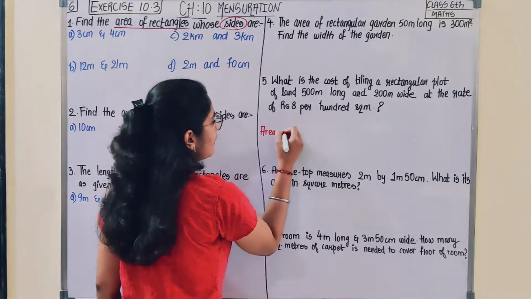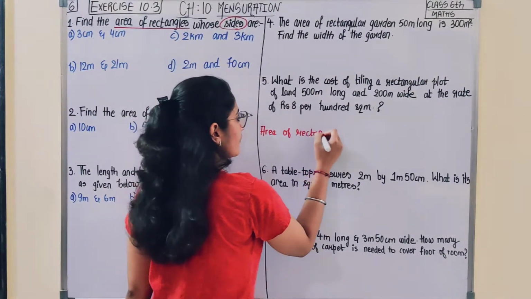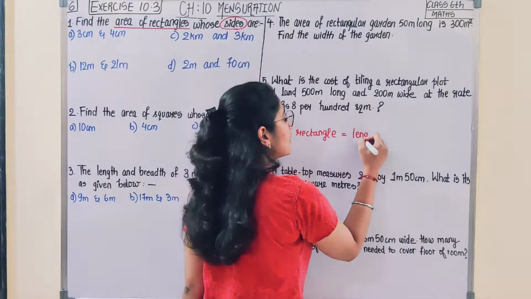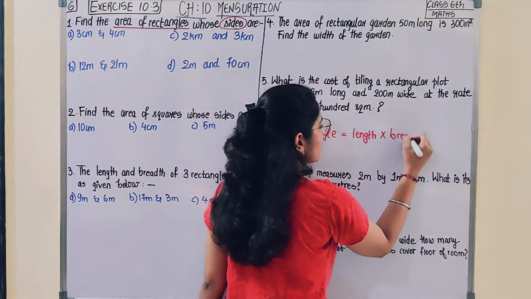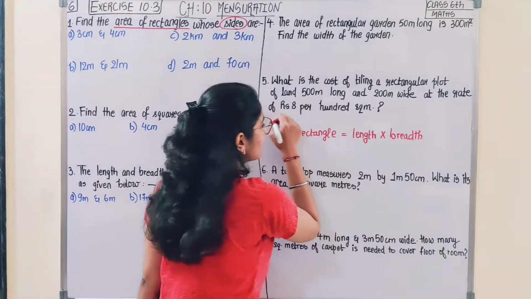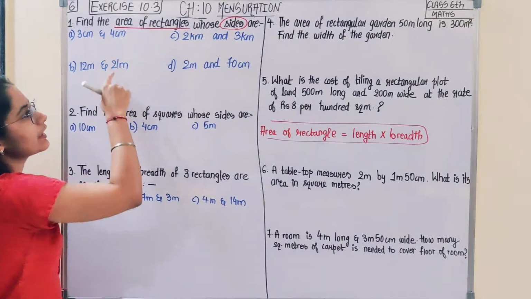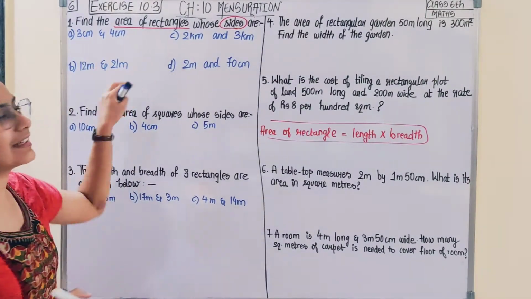Area of rectangle is equal to length into breadth. This formula we have already studied in video lecture 5. Applying this formula, we have to calculate the different areas of the given rectangles.